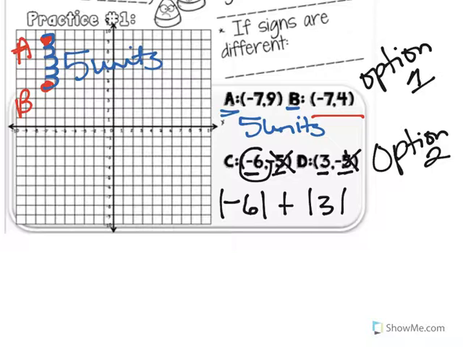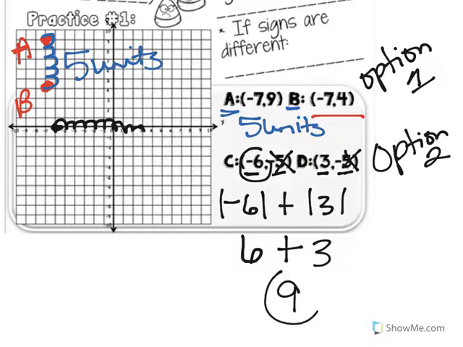So if we were to plot -6, which is right here, its distance from 0 will be 1, 2, 3, 4, 5, 6. So the absolute value of -6 is 6, plus the absolute value of 3. If 3 was here, the distance from 0 will be 1, 2, 3. Which means 6 plus 3 is 9. So the distance from point C to point D is 9 units.